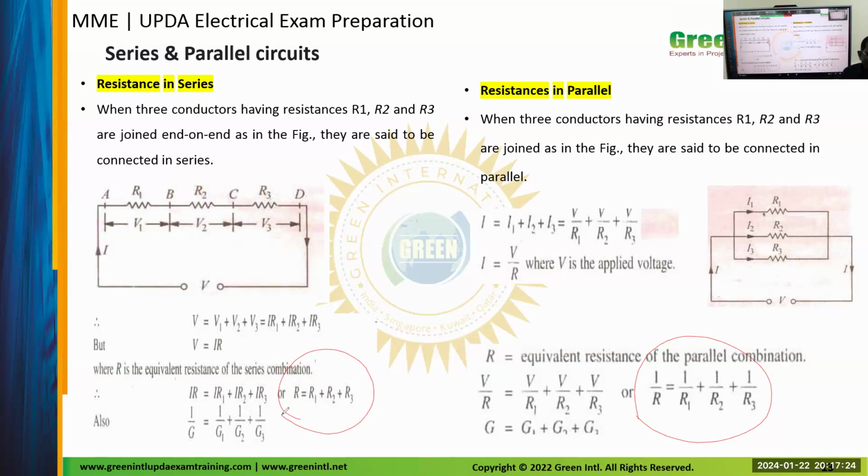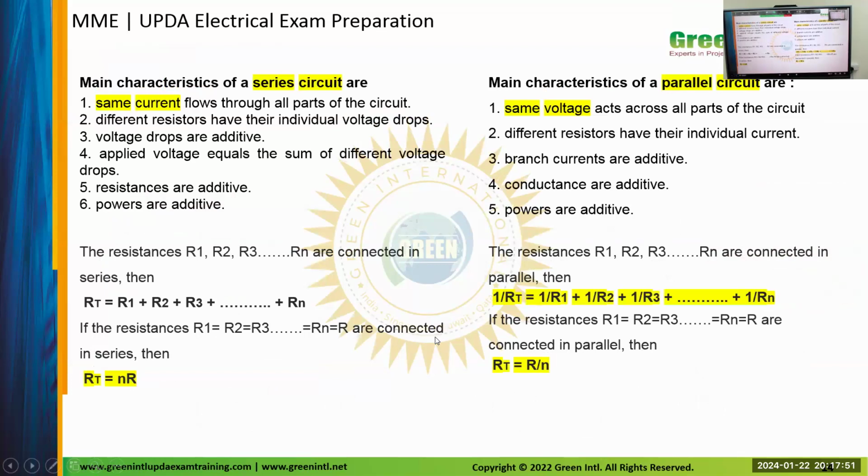For the parallel circuit, 1 by R is equal to the reciprocal, that's why we may write G. So in exam point of view, irrespective of the concept, we need to remember these points.